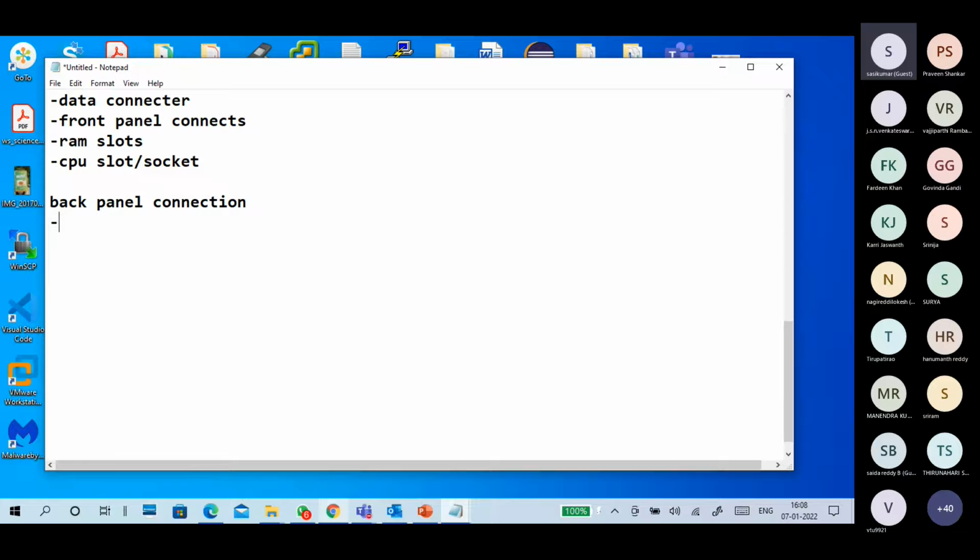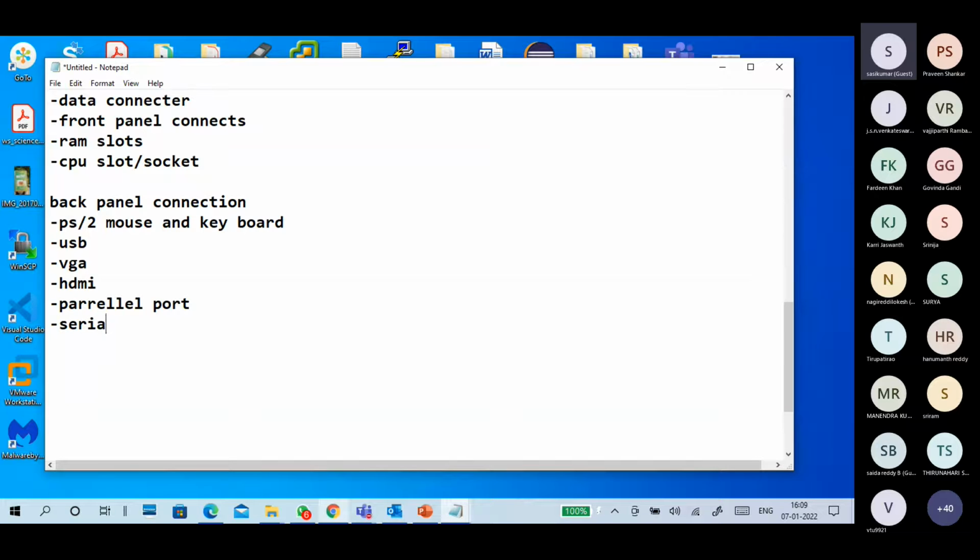What are the back panel connections? PS/2 mouse and keyboard connections, USB connections, VGA monitor connections, HDMI connector, parallel port. What is this?